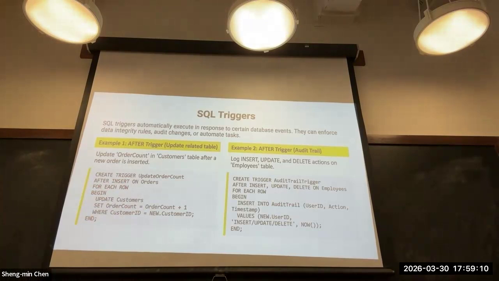All right. Over on the right-hand side, it says that if anything has been inserted, updated, or deleted on the employee table, I want to log that into the audit trail.